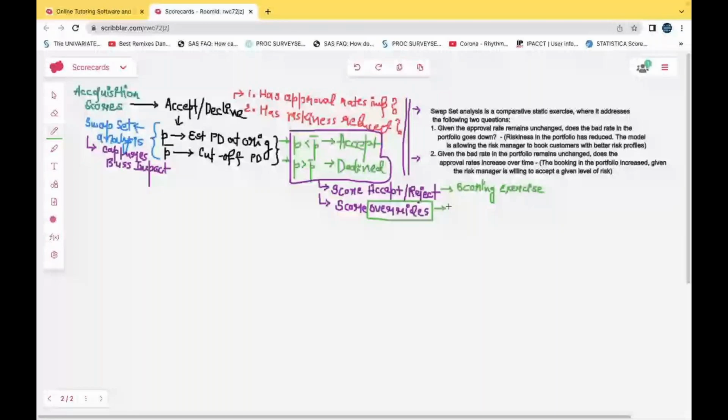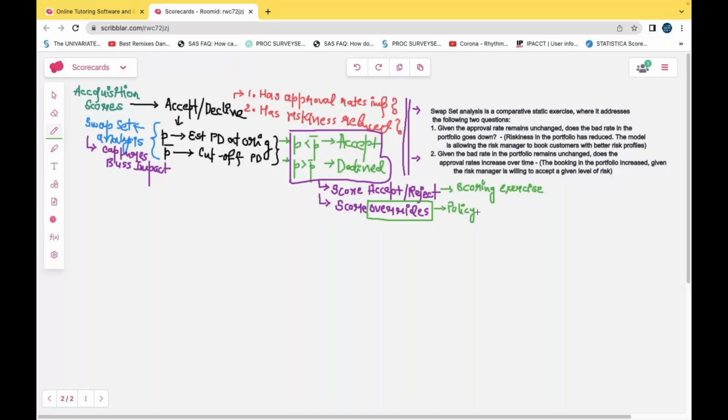right? In the policy override, there are certain underwriters. Let's say there are certain business cases which may be score rejected, but they go to the underwriters for some specific purposes or because of certain specific risk profiles. And it is up to the underwriter to override that decision and accept or reject that borrower.